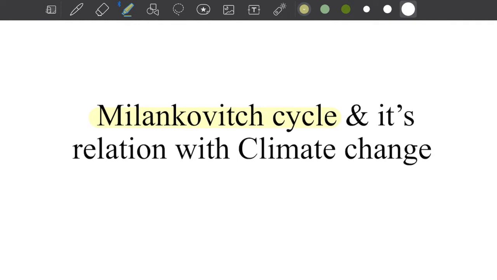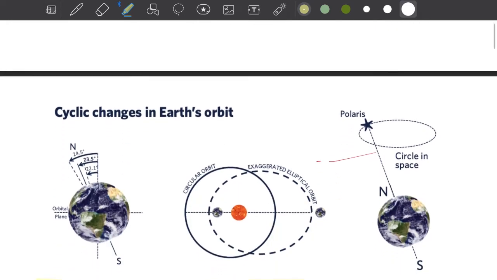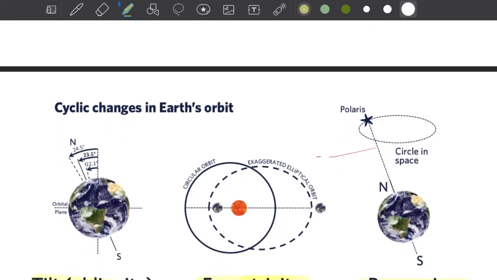Here the Earth's movement is nothing but the change in the Earth's orbit, the change in Earth's axial tilt, and the third one is the change in axial direction. The change in the Earth's orbit is called eccentricity, the change in the Earth's tilt is called obliquity or tilt, and the change in the Earth's tilt direction is called precession.